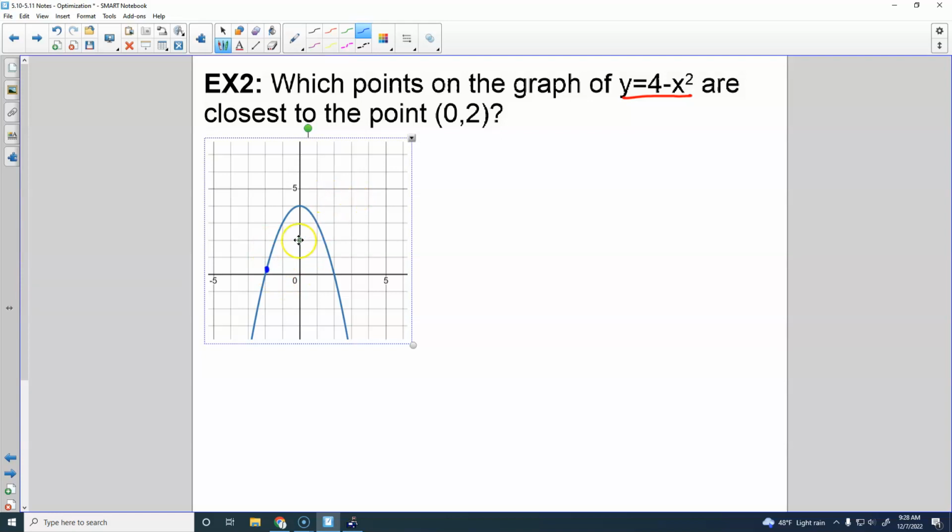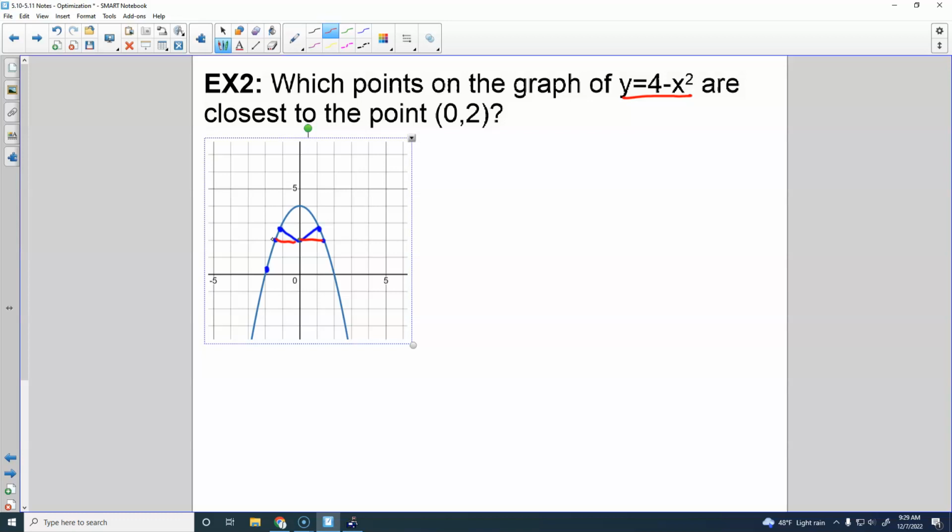But the question is, are they the points that are right here, or with more of a diagonal approach? I think that looks a little bit closer than these lines right here. But where is that? You can't just clearly see that's the closest point.